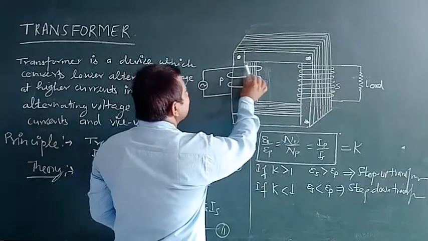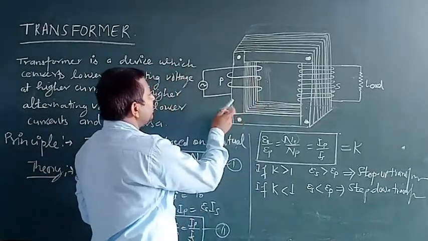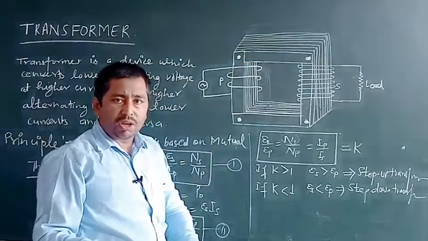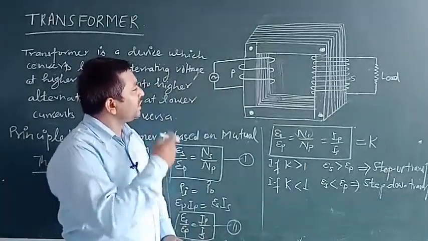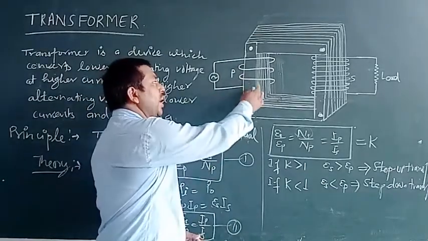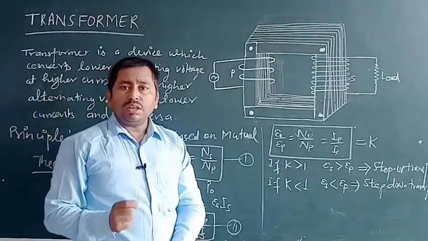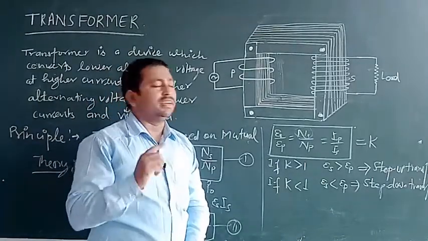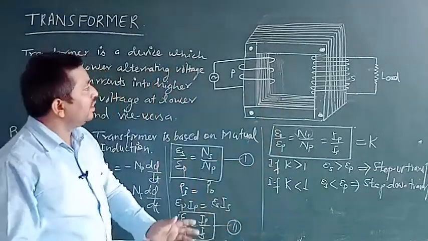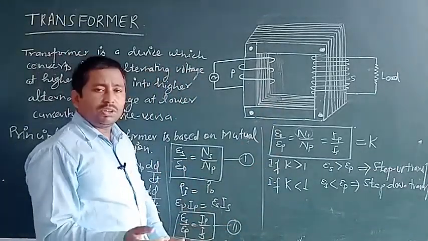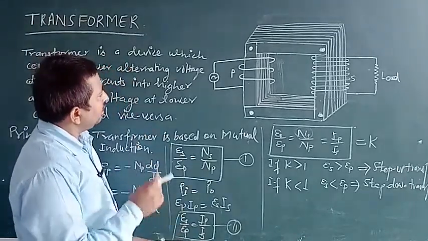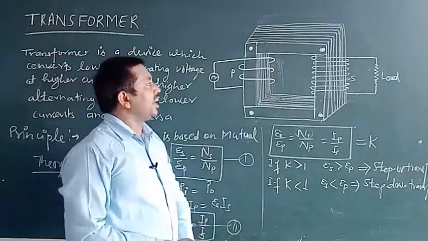If the resistance of this wire is high, then resistive loss will occur across this wire. So to reduce the electrical energy loss inside the coil, we can use thick wire for the winding, so we can decrease the electrical energy loss due to the resistance of the wire.